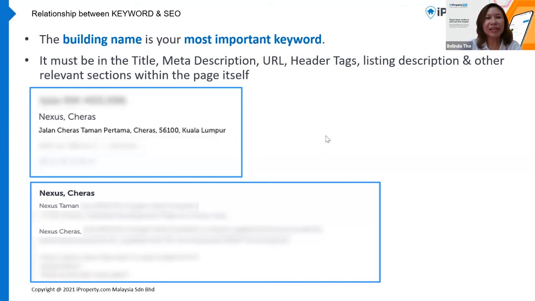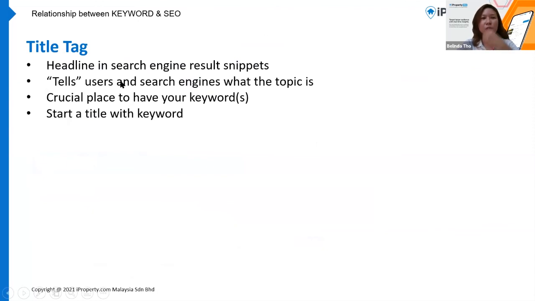Now, what other things do I want to mention here? Okay, let's move on. When we are talking about the title tag here, it is referring to the headline in your search engine results snippets. By referring to the title tag, you are able to tell me as a user, or the search engine, about your topic.